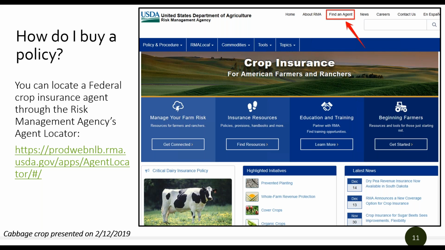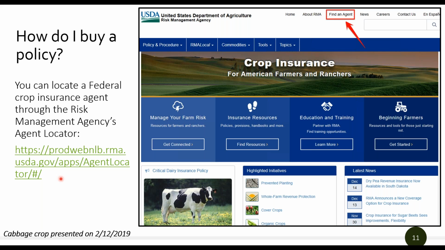It's just as simple as locating and going to the Risk Management Agency website. If you want to, just enter Risk Management Agency into your browser, and all you have to do is then click on the website. This is the actual website address, but again, if you can't remember that, just type Risk Management Agency into the browser.